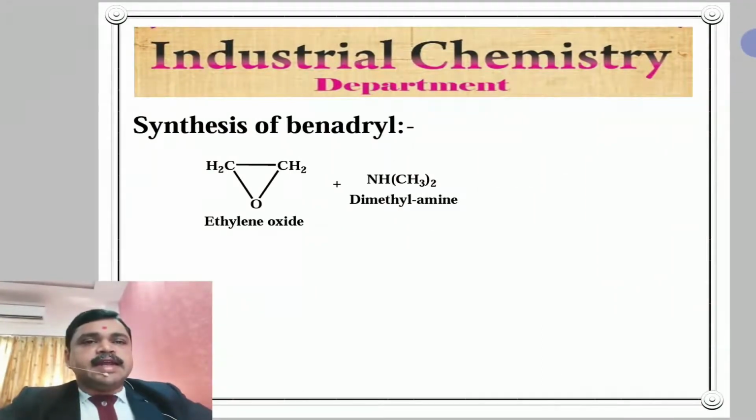Case of Benadryl. Benadryl is synthesized in two steps. First of all, we synthesize 2-dimethylaminoethanol. This is compound number 1 for this synthesis. And we synthesize the second compound, that is benzhydryl bromide.